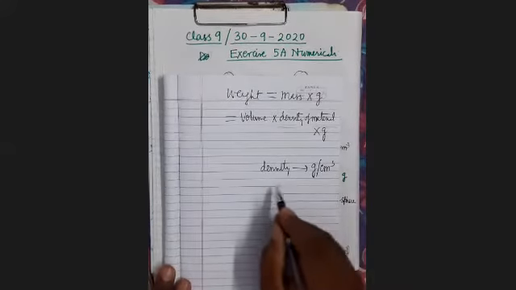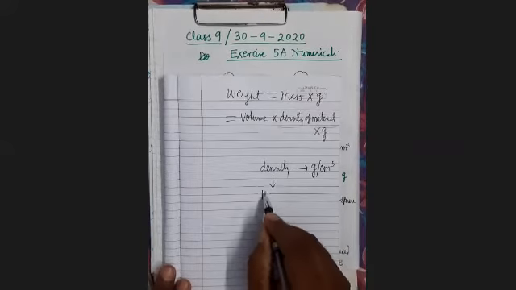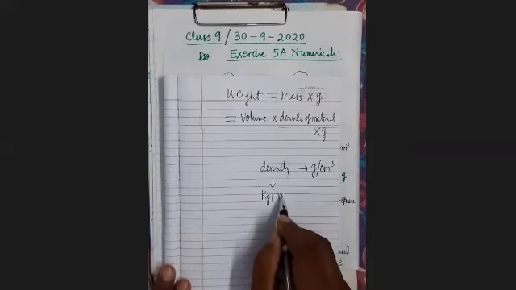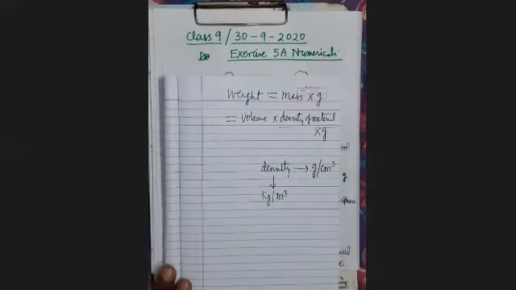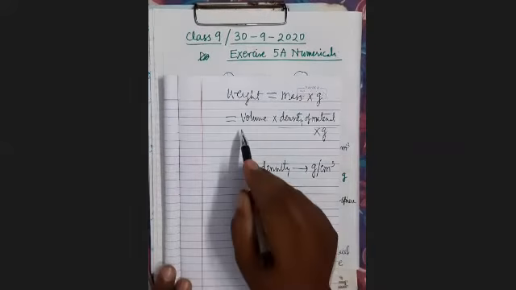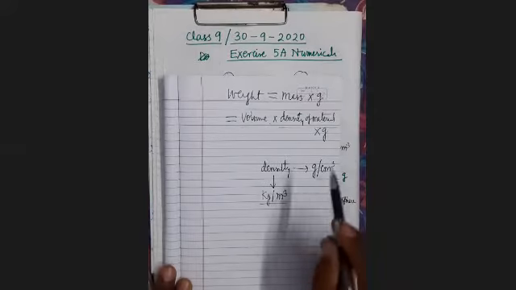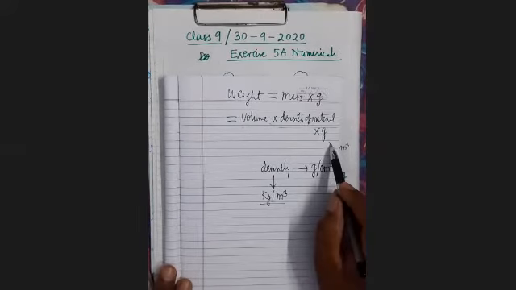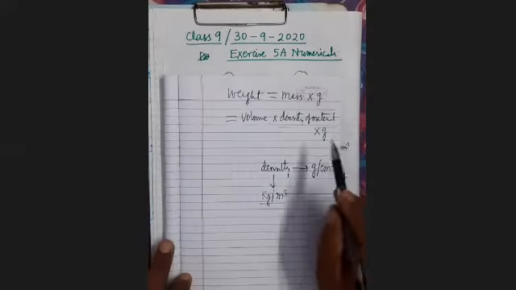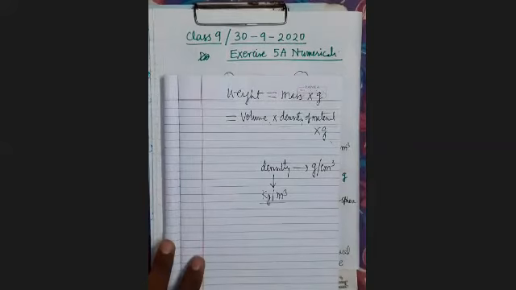Suppose density is given in kilogram per meter cube. Then volume should be in meter cube. And in that case, if you don't put the value of G, then it will come out in kilogram force.